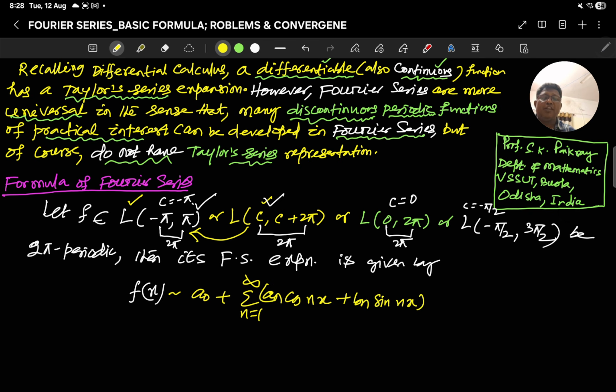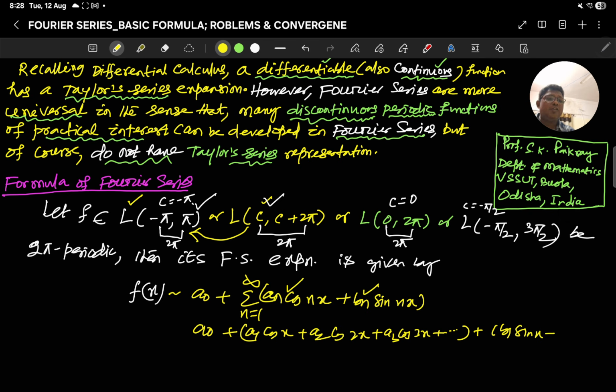If I open it, it will be a0 plus, putting n = 1, 2, 3 and so on, a1 cos x + a2 cos 2x + a3 cos 3x + so on, and similarly here plus b1 sin x + b2 sin 2x + so on.